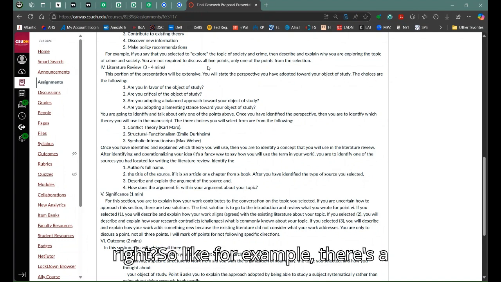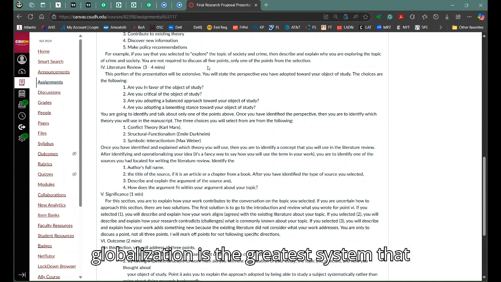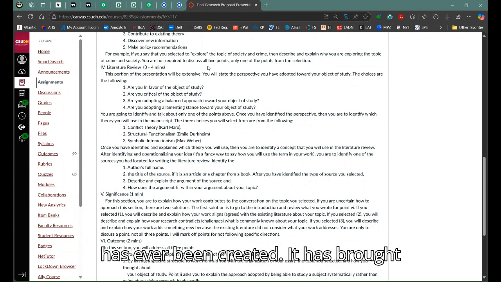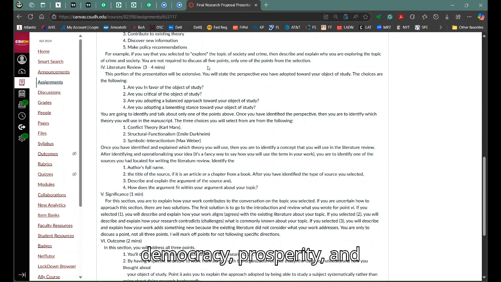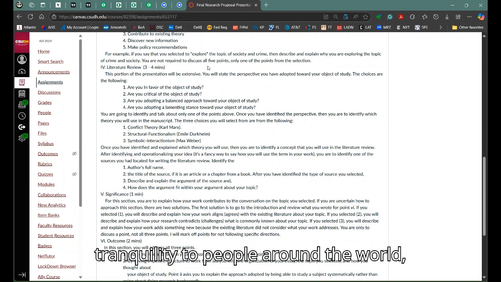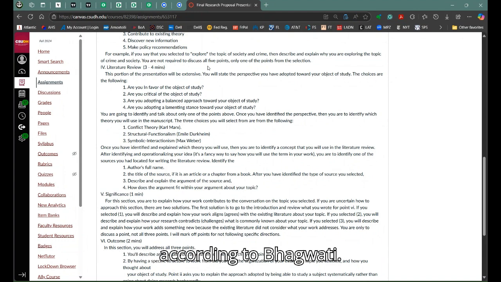Right. So, for example, there's a sociologist by the name of Jagdish Bhagwati, and he wrote a book called In Defense of Globalization. And he believes that globalization is the greatest system that has ever been created. It has brought democracy, prosperity, and tranquility to people around the world, according to Bhagwati.